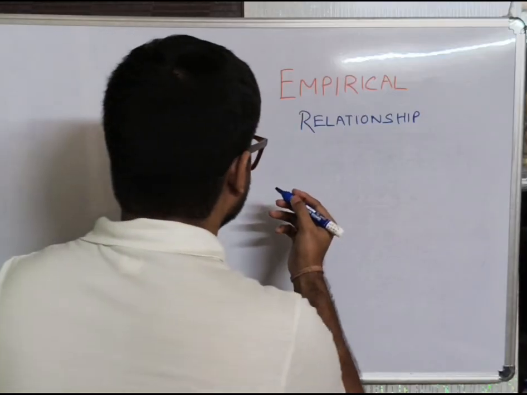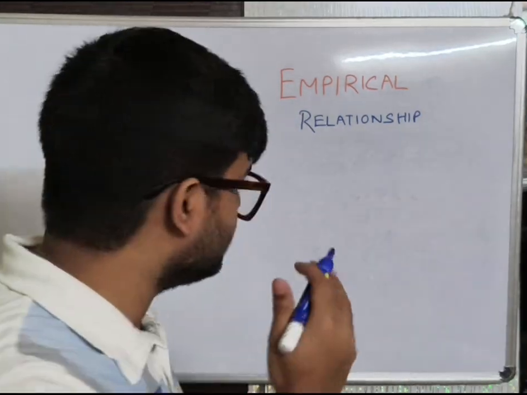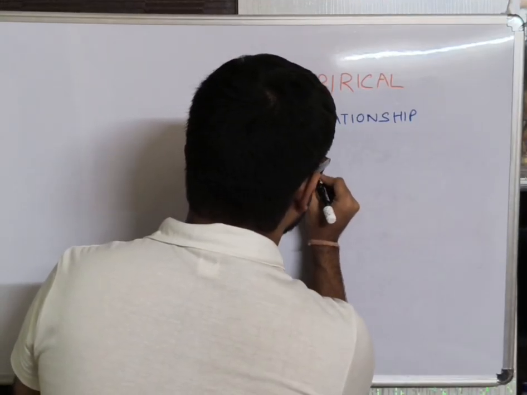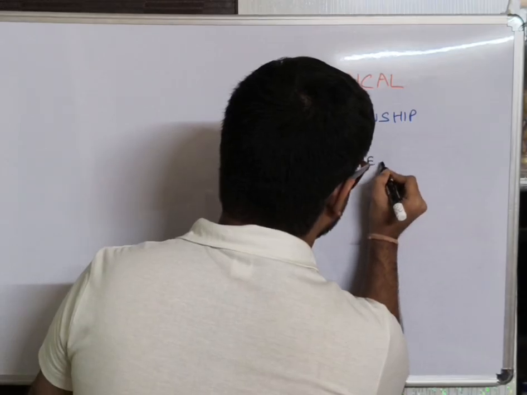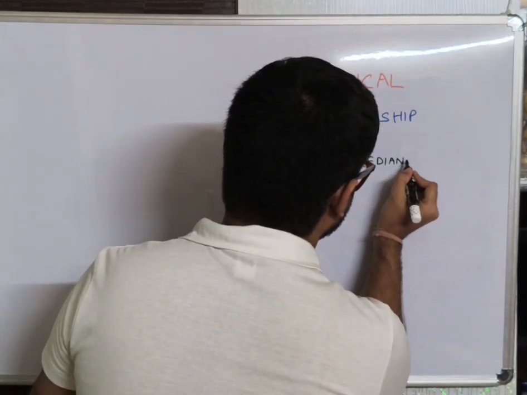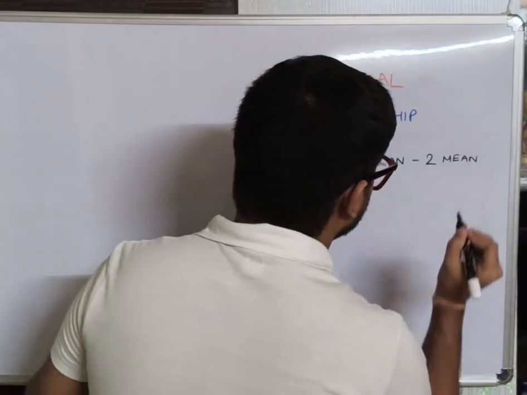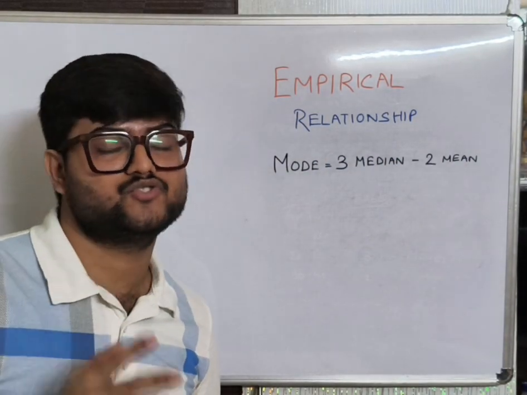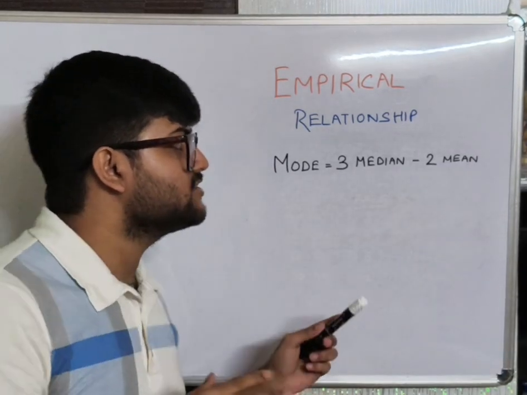Okay, and the empirical relationship between mean, median and mode is: in a moderately skewed distribution, mode equals 3 median minus 2 mean.